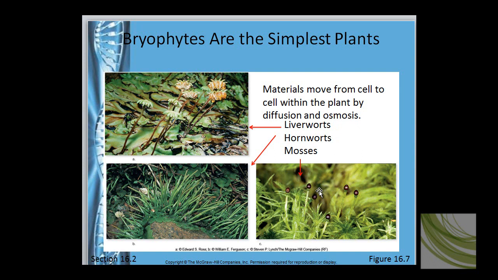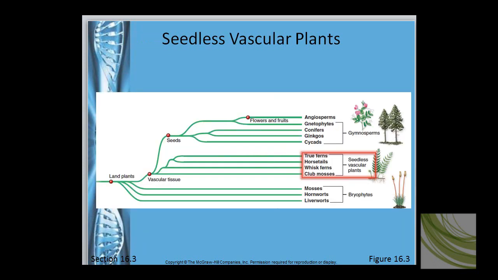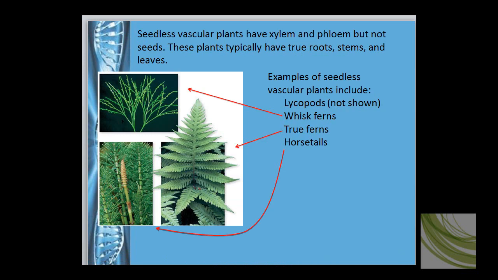And these show some of the different organisms in this very primitive group. These are the ferns and mosses. This is a whisk fern. This is probably the one fern that you do recognize, the true ferns.